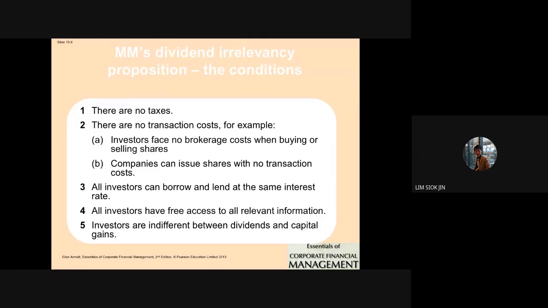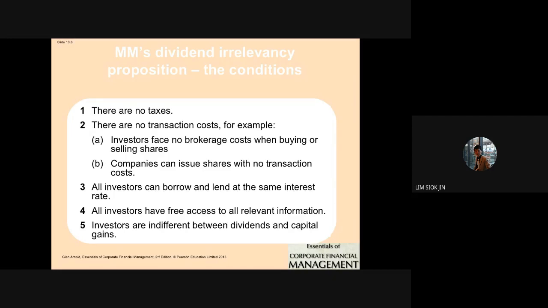So dividend can be paid many ways, right? As I said, it can be paid in interim method or it can be paid as one shot final dividend. So it doesn't matter. M&M say it doesn't matter how dividend is paid, and it will not affect the value of the company. Okay, so they say, yeah, doesn't matter lah.